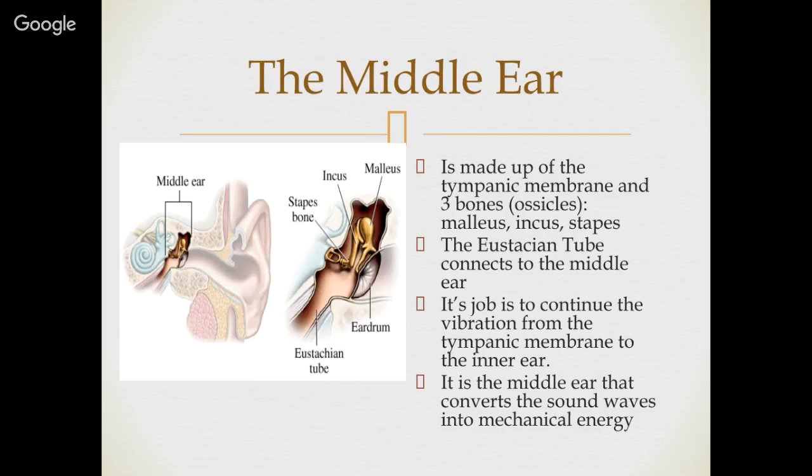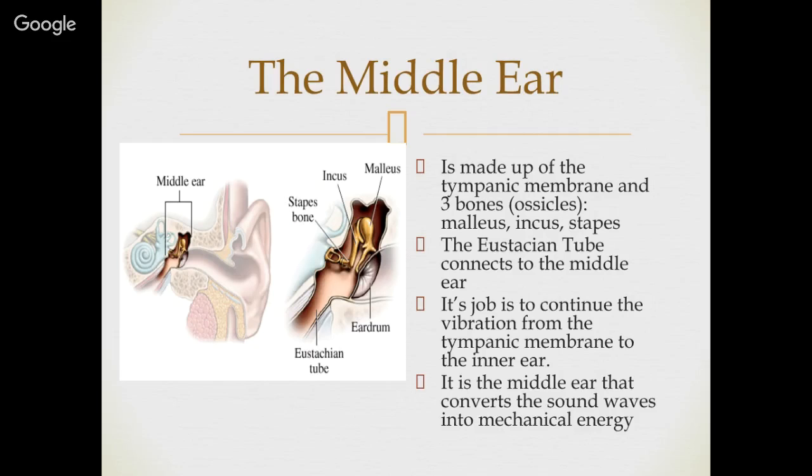So let's talk about the job of the middle ear. That sound wave travels through the external auditory meatus, arrives at the eardrum, and the eardrum vibrates with that perception of the sound wave that has arrived at the middle ear. That sound wave then is channeled through the ossicles, through the malleus, the incus, and the stapes.